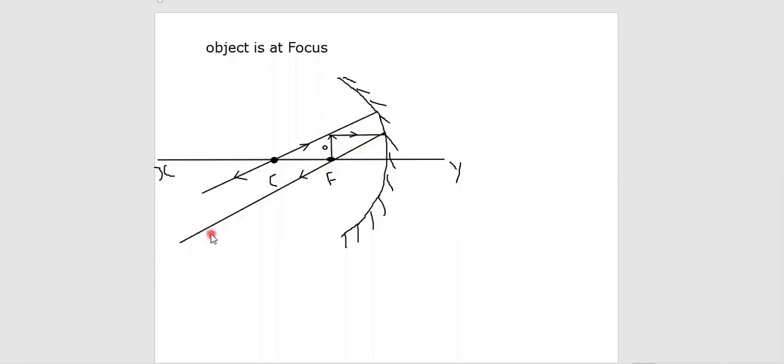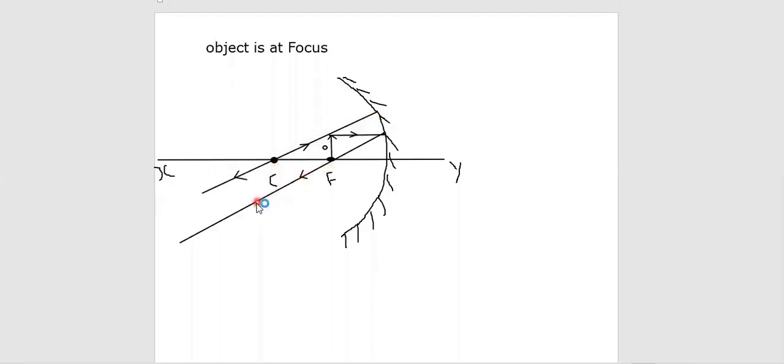And the third rule we have learned: if a ray of light is passing through the center of curvature, after reflection it will take the same path from where it is coming. Understood everyone? From where the rays of light are coming, there only it will be moving away.